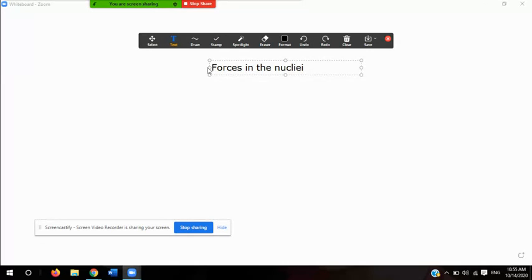One thing that helps maintain stability is that when protons are extremely close to each other, there is a strong attraction between them. So that actually helps maintain stability.